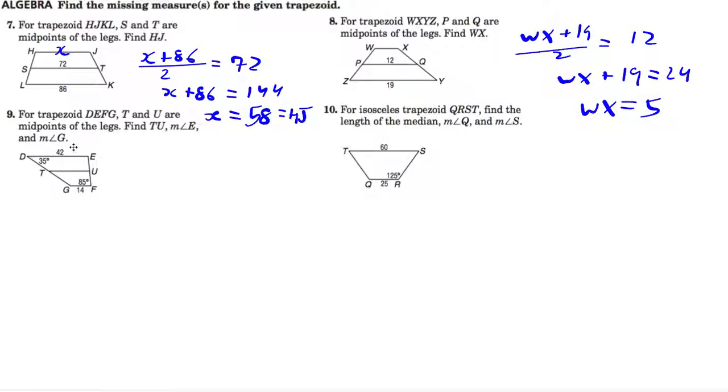Over here, we want to find TU, the measure of angle E, and the measure of angle G. So first off, we know that TU is equal to 42 plus 14 divided by 2. So this is equal to 56 divided by 2, which is equal to 28.